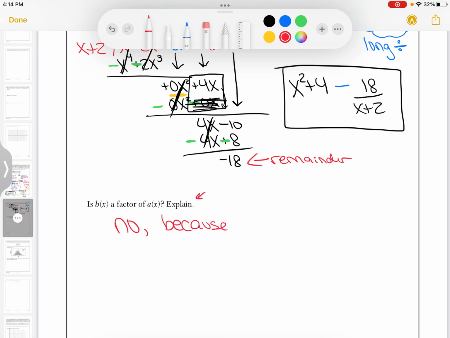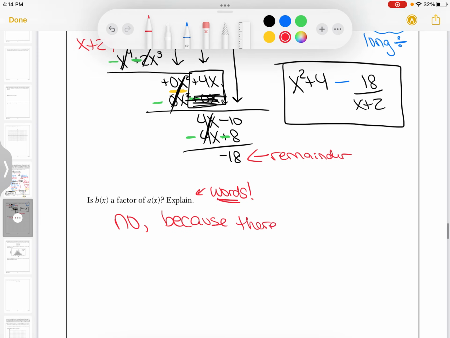And to explain means you need to use your words. Explain means use words. So I want to say, because there was a remainder of negative 18 when a of x divided by b of x.